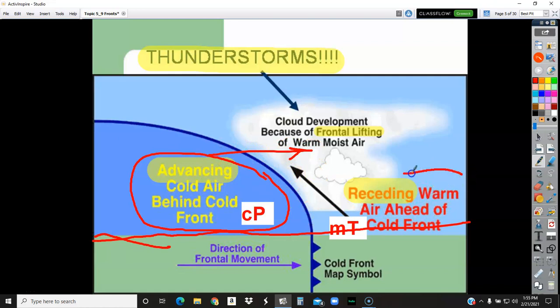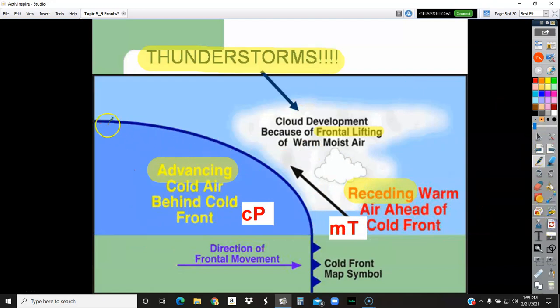Over here on the right side of the diagram is your maritime tropical air. That's your warm, moist air, which is less dense. So you have more dense air back here behind the front, and you have warm, less dense air in front of it. The cold front is actually this arc, and that's very important.